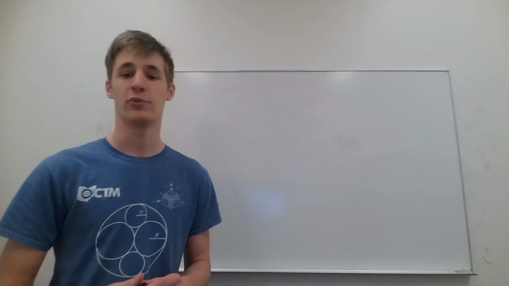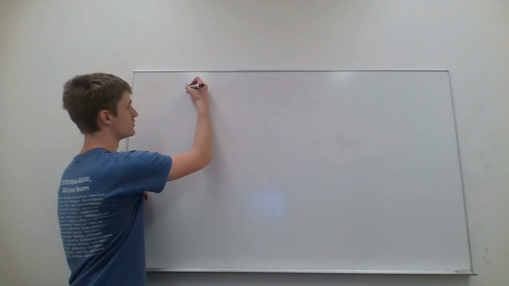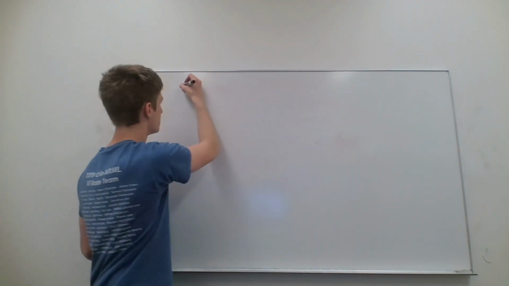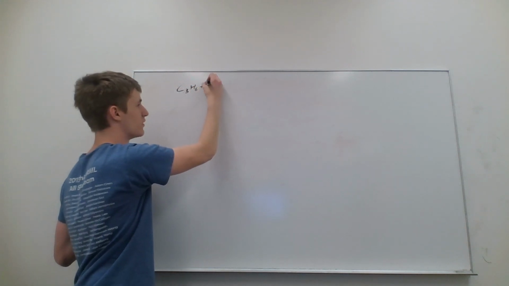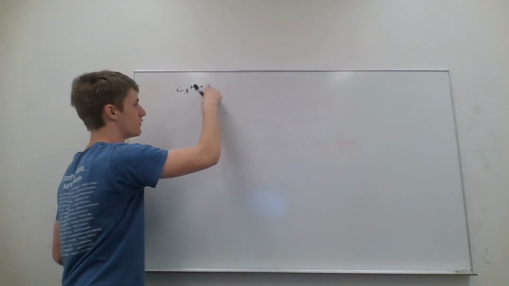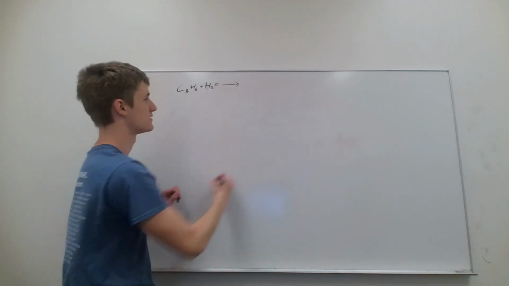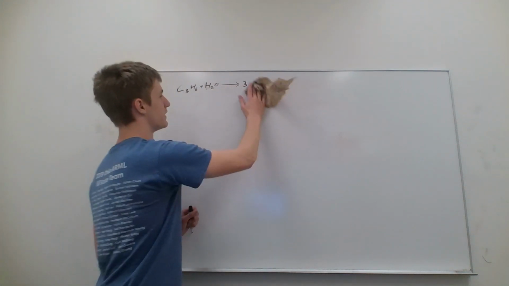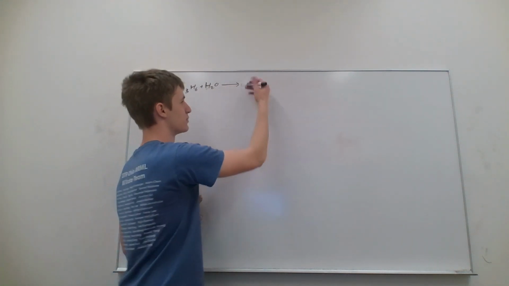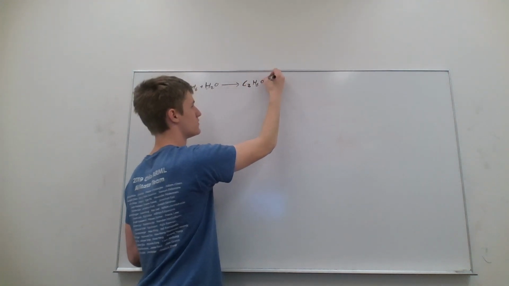In this video, I will be discussing the material balance for isopropanol synthesis. So we have our main reaction here, right? We react propylene with water, and that gives us our, well, not our isopropanol, right? So C3H6OH.